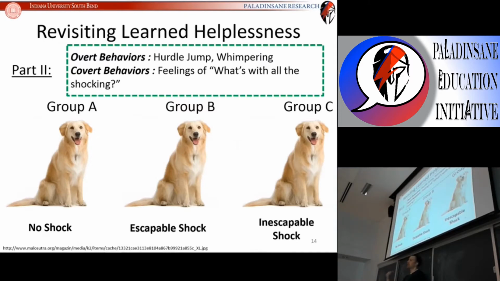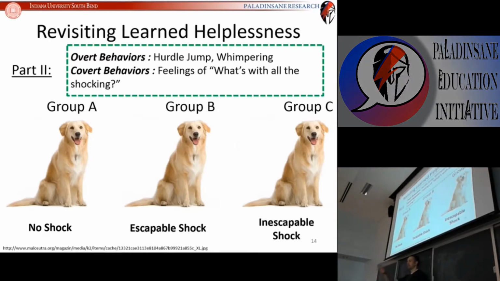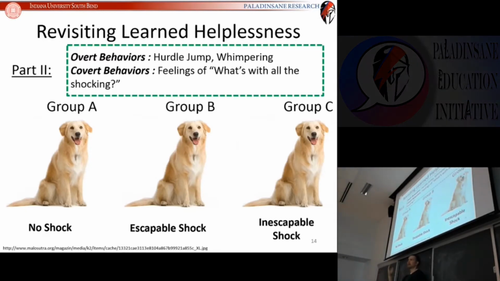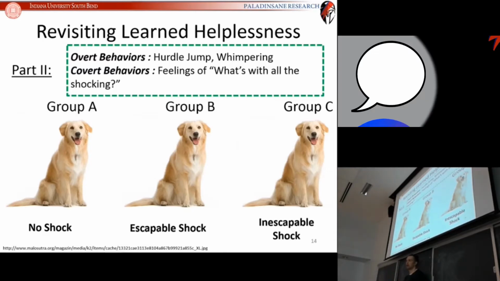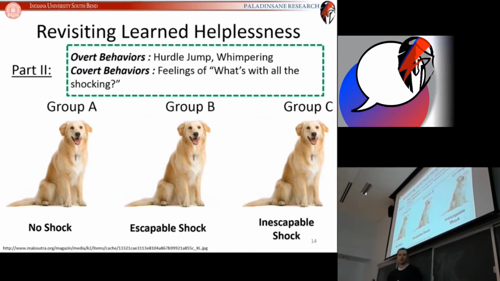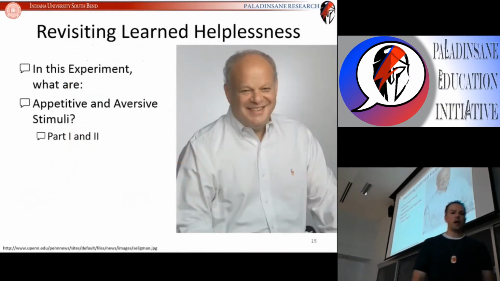And you can measure that with overt behaviors like heart rate or galvanic skin response, like how sweaty your finger gets. But that sort of inner mechanism of turning down or turning up responses would again be a covert behavior.